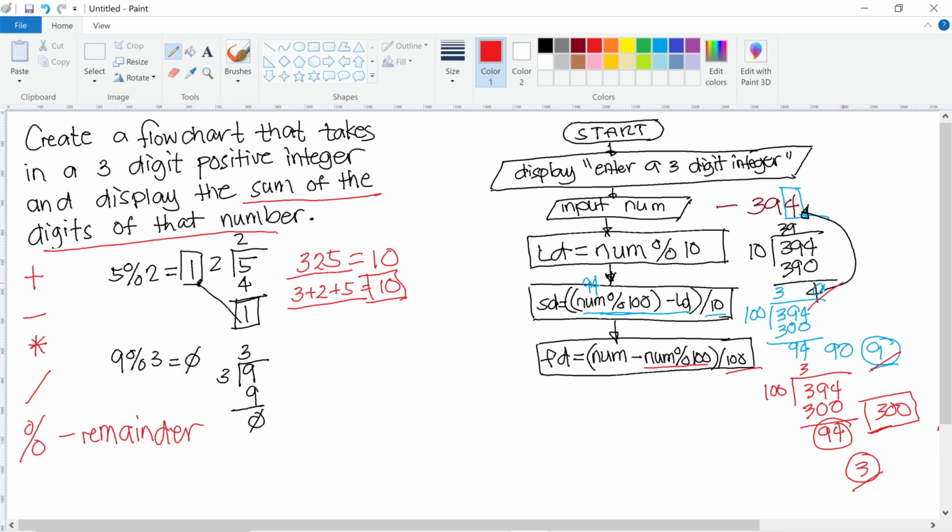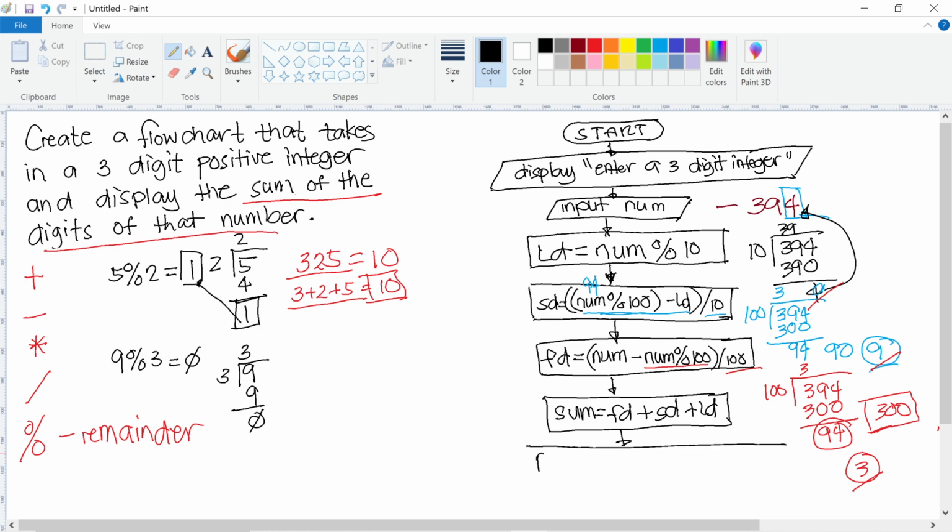So we are now ready to compute the sum. And we say sum is equal to FD plus SD plus LD. And we are now ready to display.